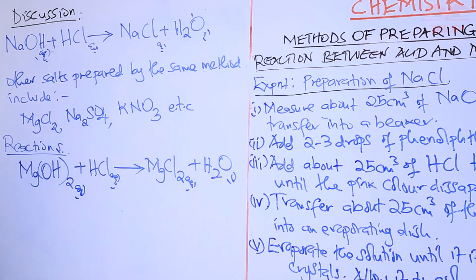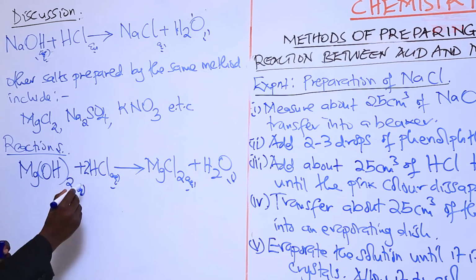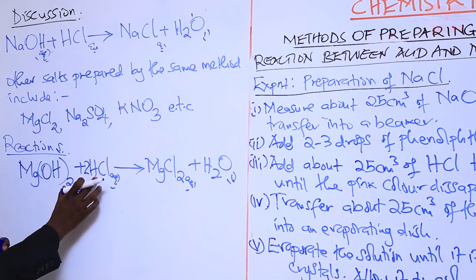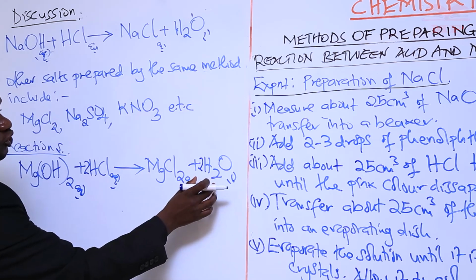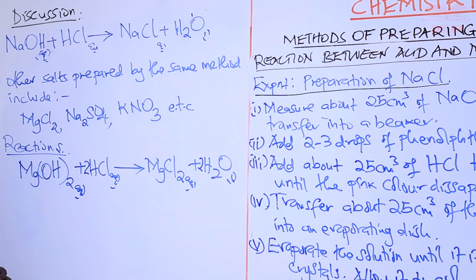So we have to start by balancing the hydrogen atoms. We want to make this side to have even. So we shall put here 2 so that I'll have 4 atoms of hydrogen. Then I put here 2 so that I'll have 4 atoms of hydrogen. And by so doing, we shall have balanced our equation.